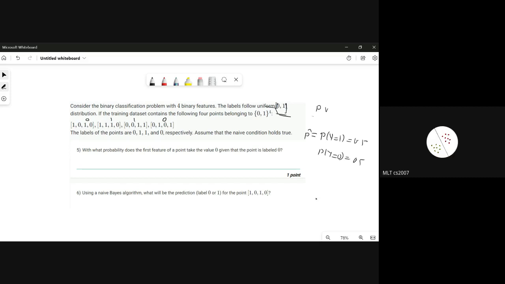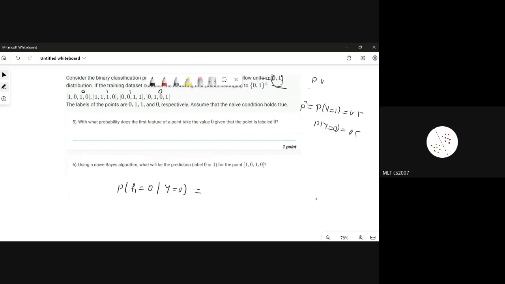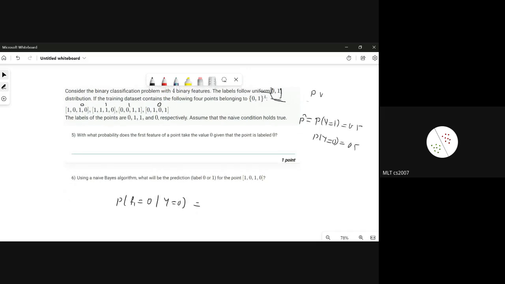What is the probability that the first feature of a point takes value 0 given that the point has label 0? So what is it asking? It is asking the probability of the first feature f1 taking value 0 given y equal to 0. So out of those data points which belong to class 0, count those for which the first feature value is 0.